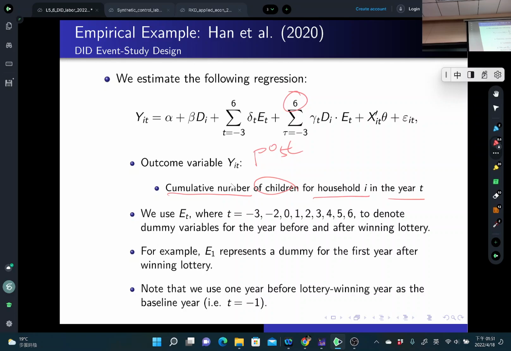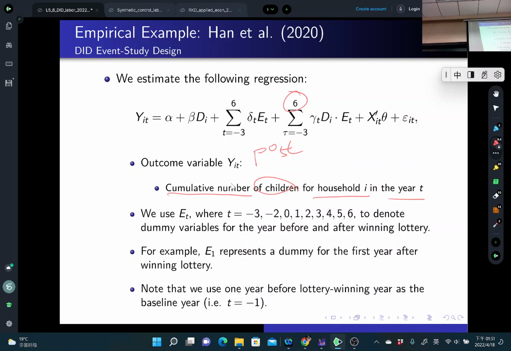So this measures the difference in the outcome between treatment group and control group in each year, compared with the reference year, the year right before the lottery winning year. The baseline year, you can choose -2 or -3. It doesn't matter, but you just need to choose a year before treatment happened.